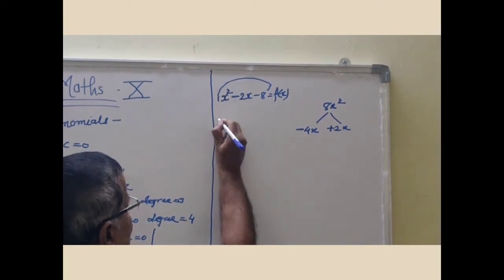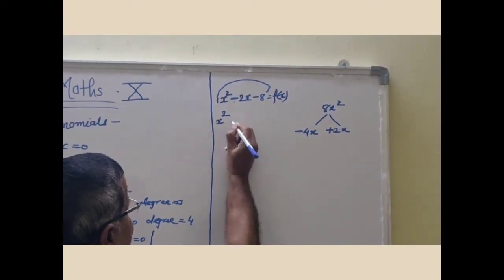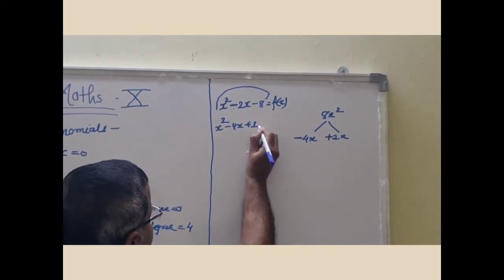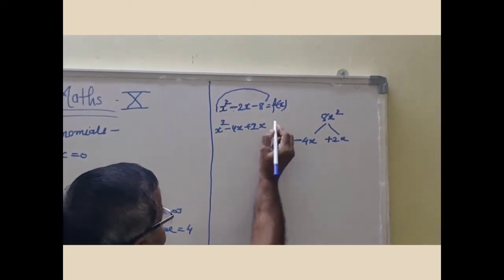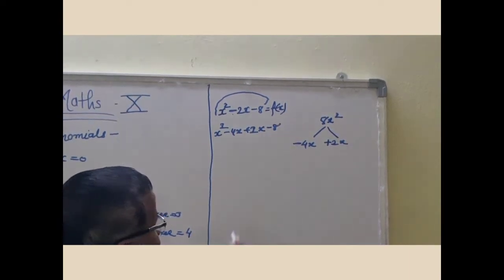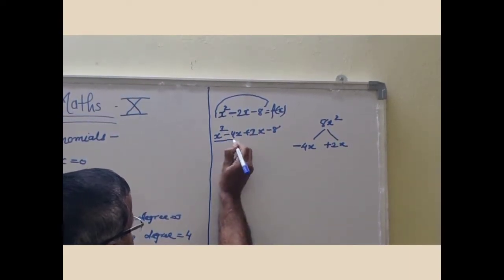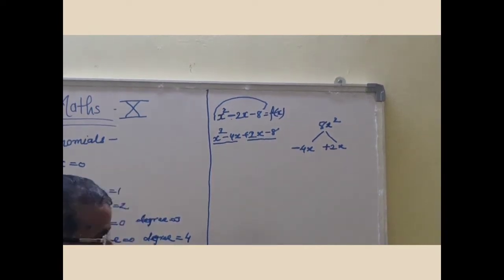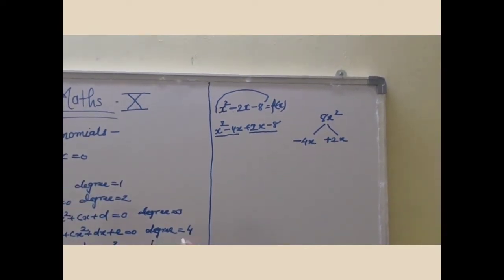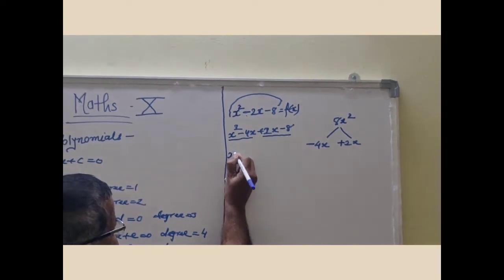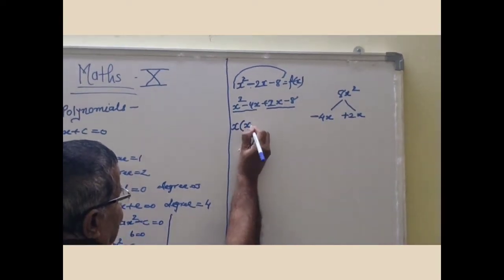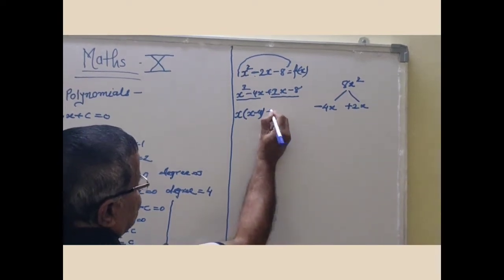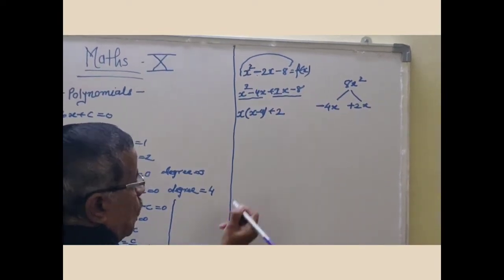Okay. Now I will write this as x square minus 4x plus 2x minus 8. Now I will pair these two terms as one pair and these as a second pair. Now I will take out the common from this. x will be taken out common. So what will I get? x minus 4. Okay. Now from this I can take out 2.